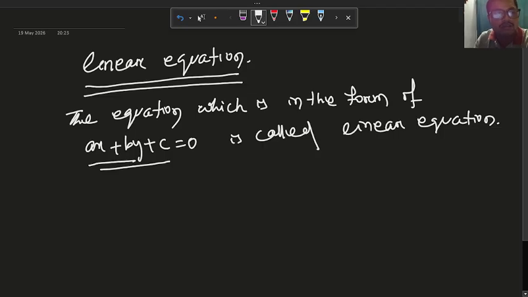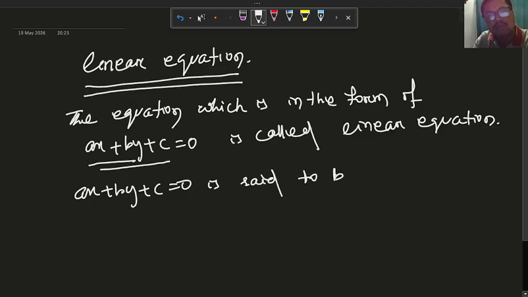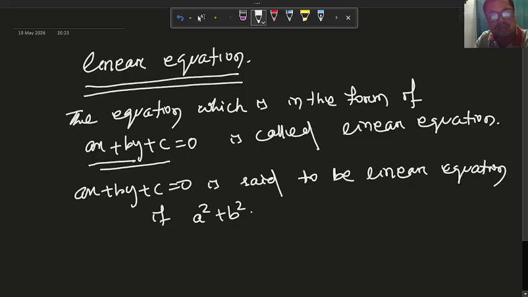There is a condition which must be satisfied: ax plus by plus c equal to 0 is said to be linear equation if a square plus b square does not equal 0. That means a and b cannot be 0 simultaneously.